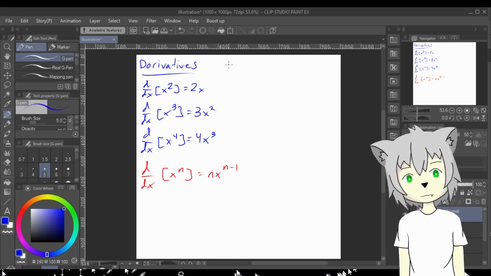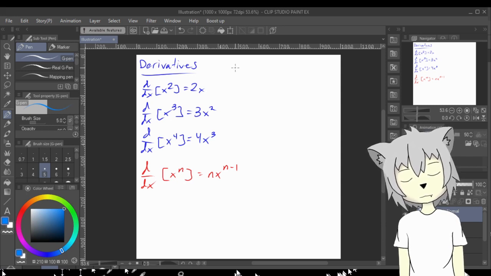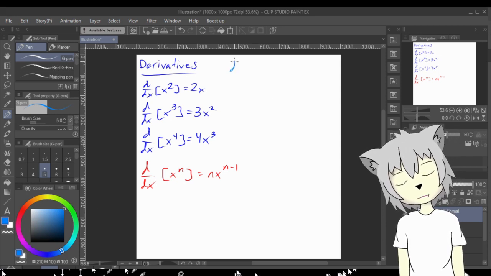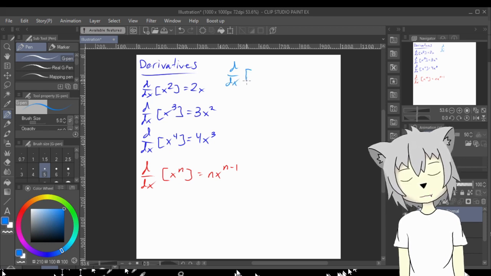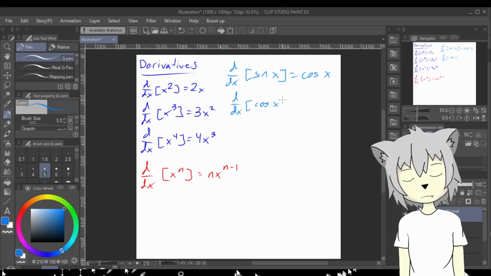Another thing I've also found: the derivative of sine of x is basically equal to cosine of x. The derivative of cosine of x is not exactly sine of x, it's the negative of sine of x.